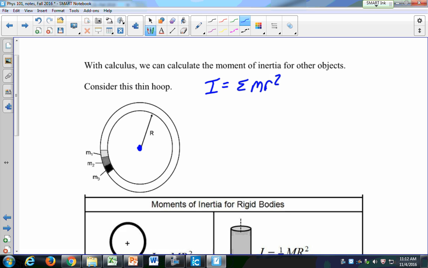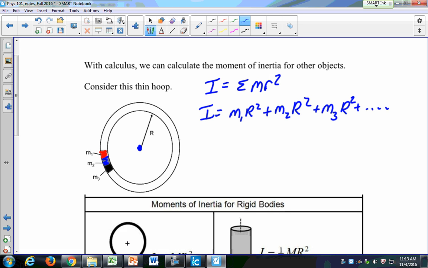And what I can do is break this hula hoop into little masses. So there's one mass. So I is equal to m1 times r squared plus m2 times r squared. There's m2 right there. Plus m3 times r squared. And on until I add up the masses of the entire hoop.